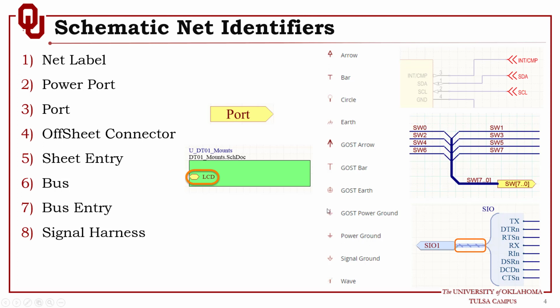So if you name a power port GND or ground, and then copy it and use it on a different schematic sheet, all of them will be connected internally and automatically once you compile the design.